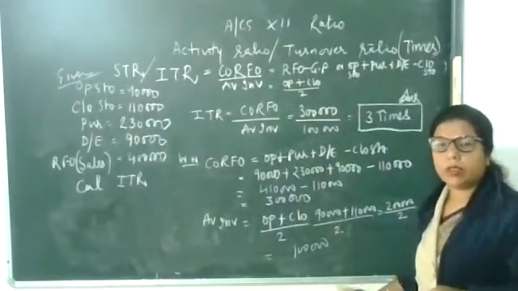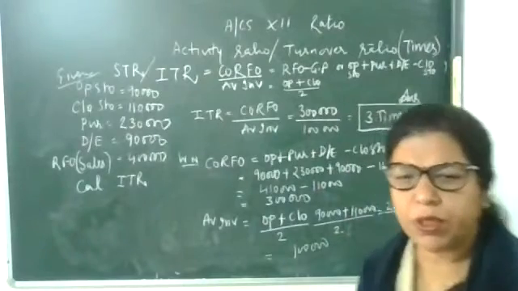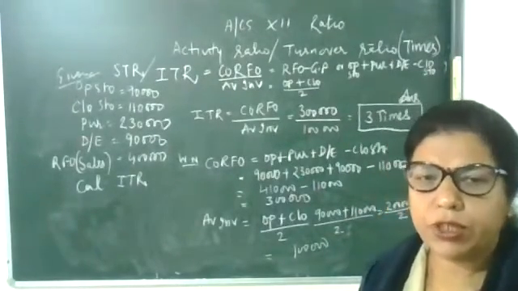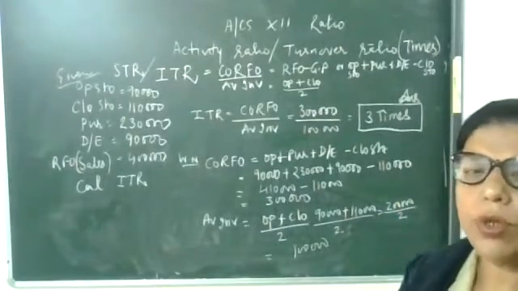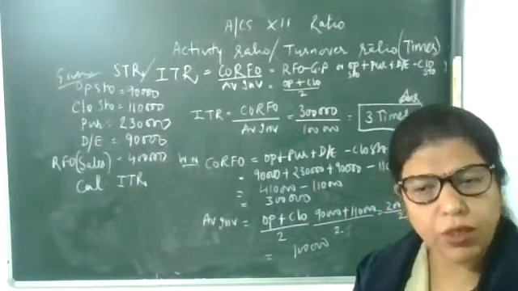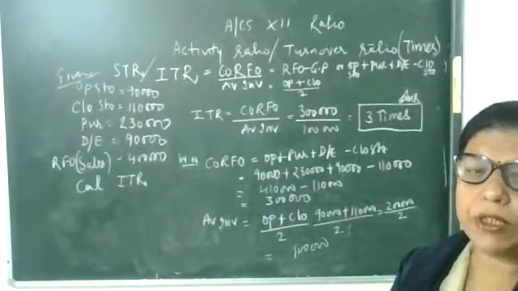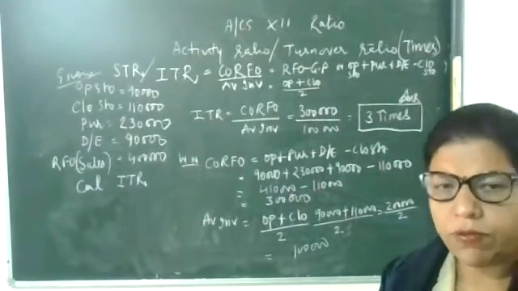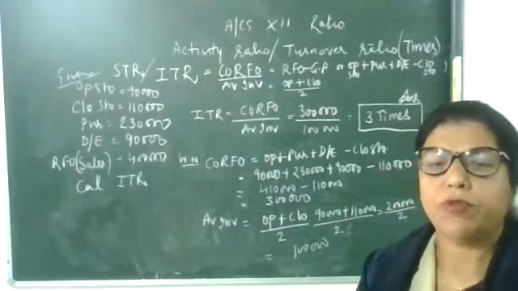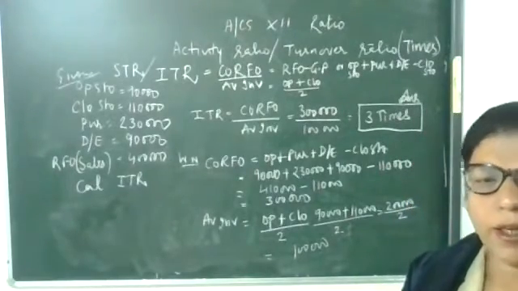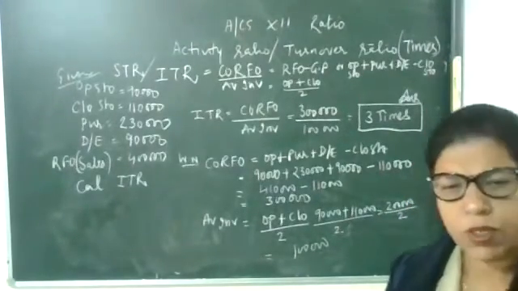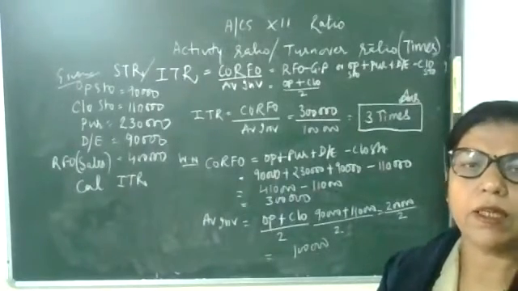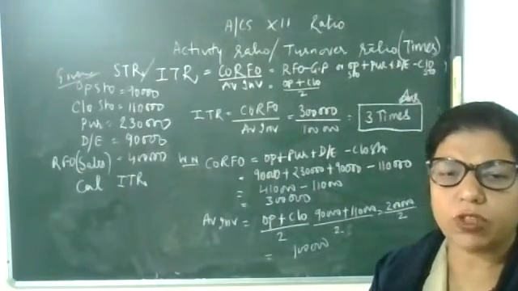Okay, now this question, please copy it. Inventory turnover ratio is equal to CORFO, cost of revenue from operation, upon average inventory. Then we calculate CORFO, which is 3 lakh, and average inventory, which is 1 lakh, and 3 lakh divided by 1 lakh, 3 times is our answer.